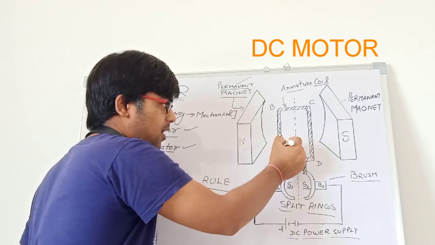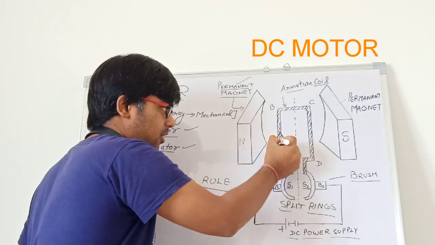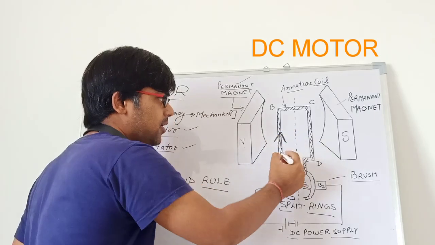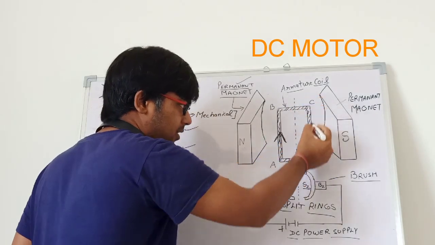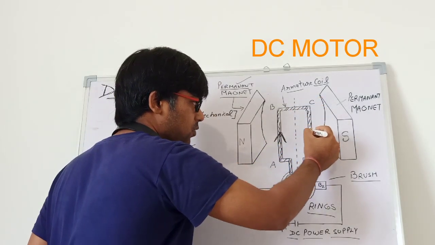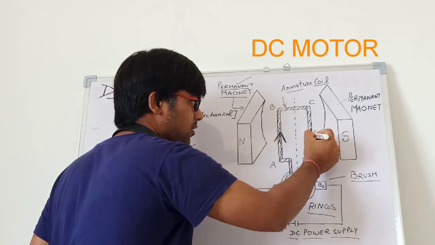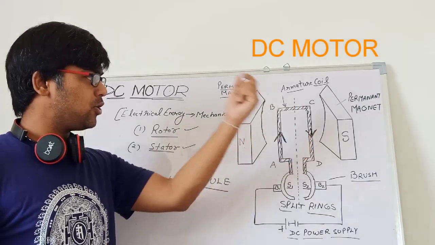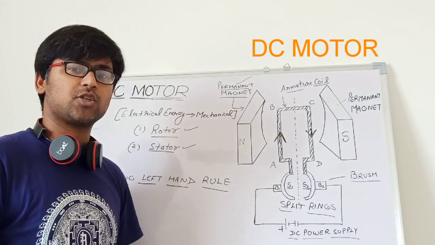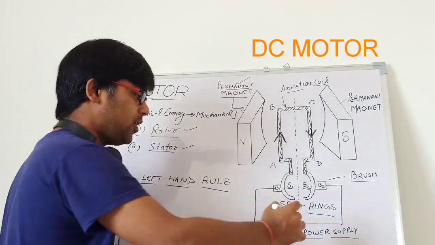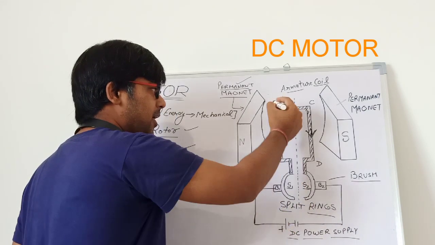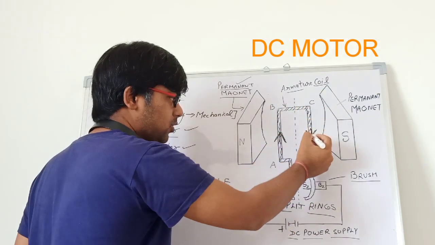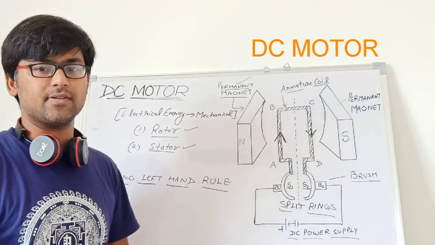This is the direction of current. It will go through arm AB and comes down through arms C and D. So these two arrows show the direction of current. It is flowing through arm AB, then to BC, and coming back through CD to the power supply.